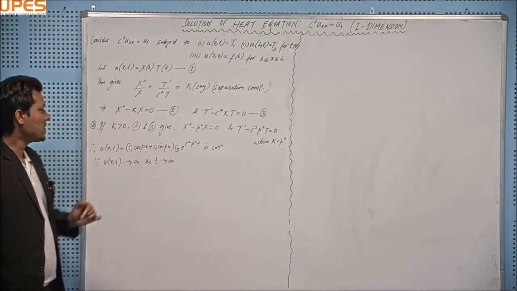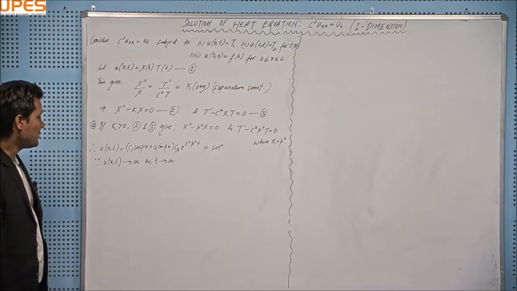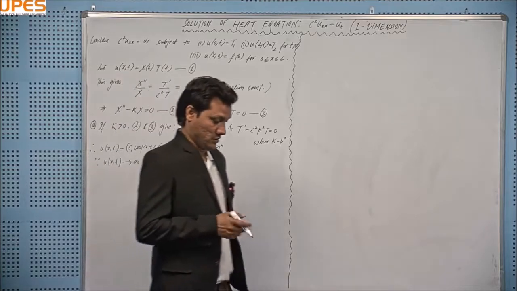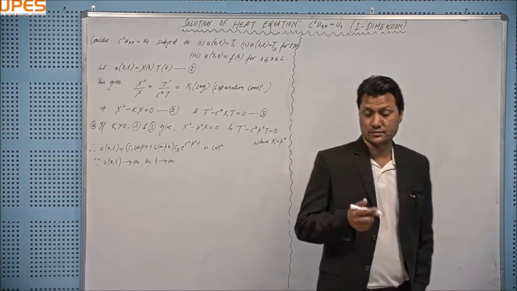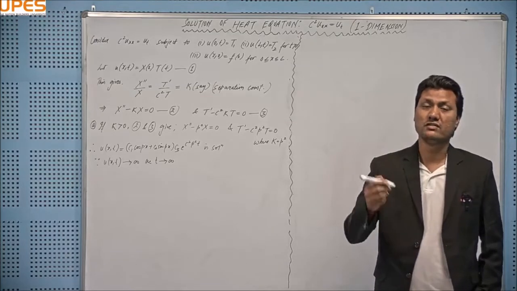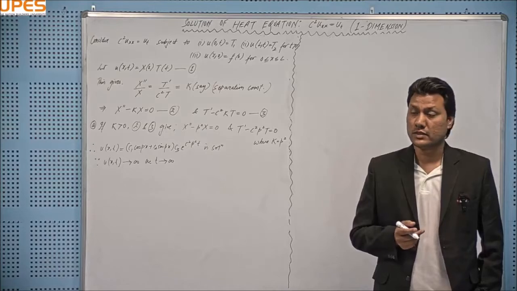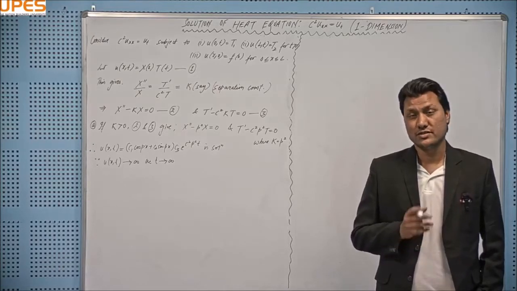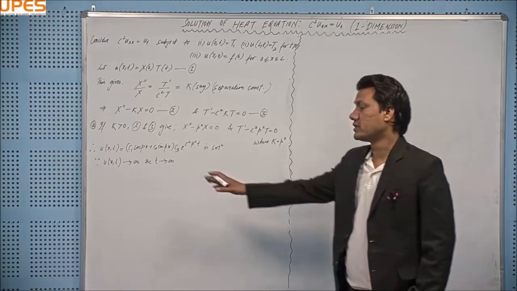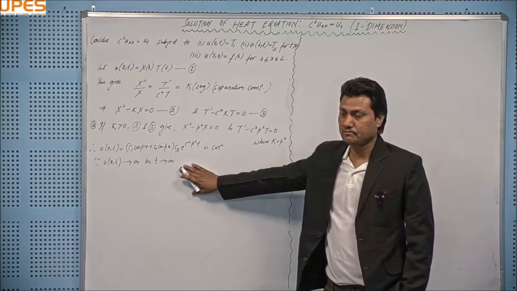It means that after a sufficiently large time, or after infinite time, the temperature of the rod becomes infinite, and that challenges the laws of physics. You have a rod with some temperature on it and you leave it for infinite time, and after infinite time the temperature should decrease, or be zero, not increase to infinity. So this is against the laws of physics.